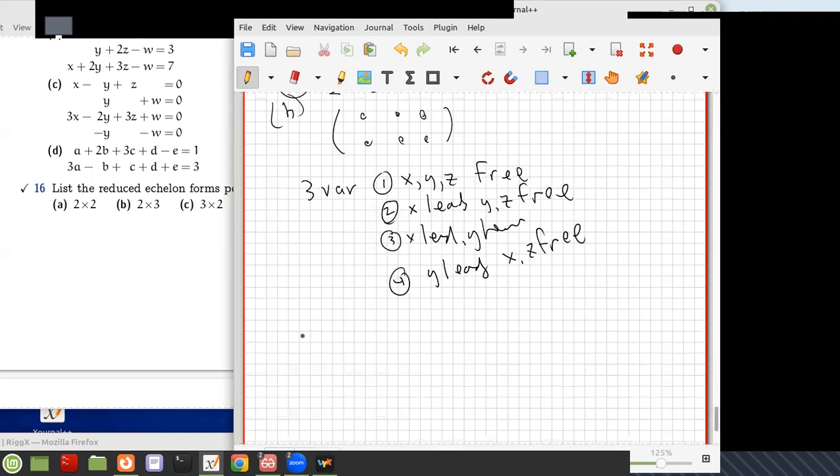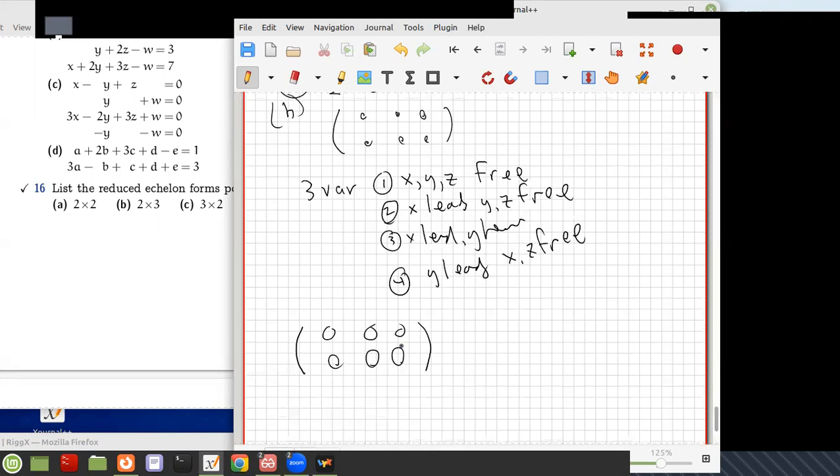In case one, where X, Y, and Z are free, what would be the matrix? It would be 0, 0, 0, 0, 0, 0. Would that be a valid matrix? Well, it's a valid matrix. I mean, it's in reduced echelon form, right? It just has no leading variables.